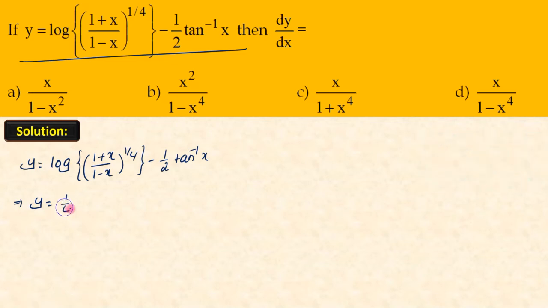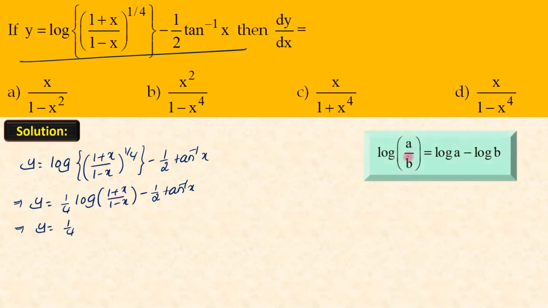So here 1 by 4 into log of (1 plus x) divided by (1 minus x) minus 1 by 2 into tan inverse x. This implies y is equals to 1 by 4 into, now it is in the form of log of a by b, so it can be written as log a minus log b. So here log a, that is log of 1 plus x, minus log b, that is log of 1 minus x, minus 1 by 2 into tan inverse x.